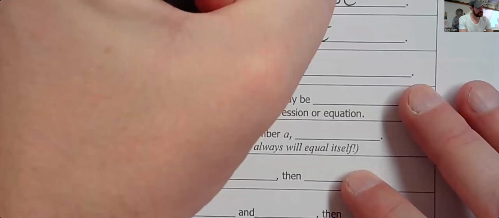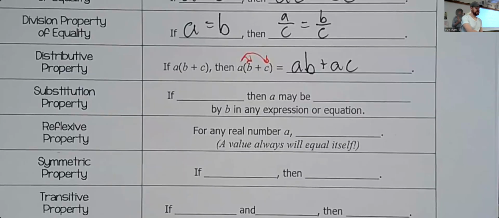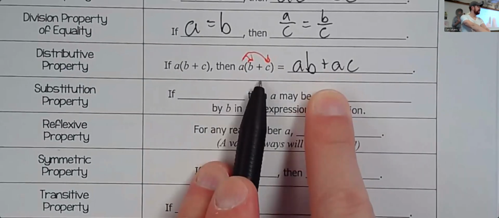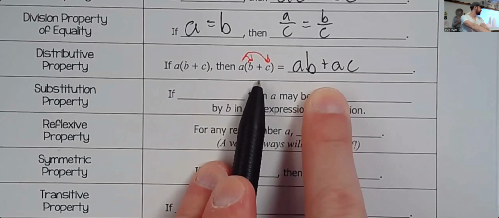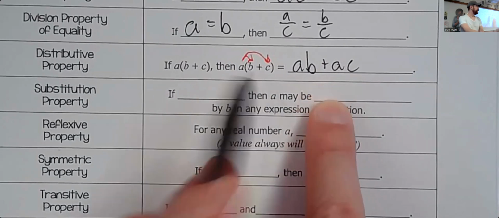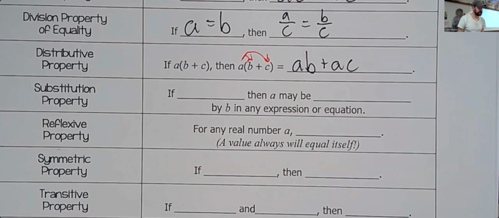You end up with A times B plus A times C. So this stuff here equals that there. That's the distributive property. If we put numbers in, they'd end up being all the same on both sides there.